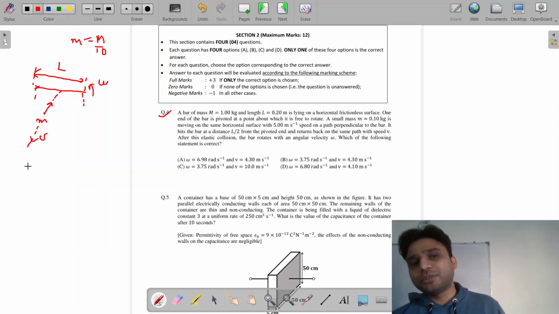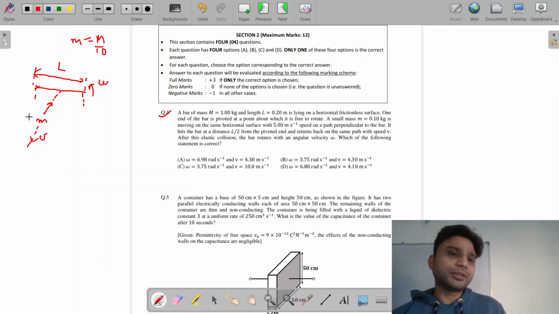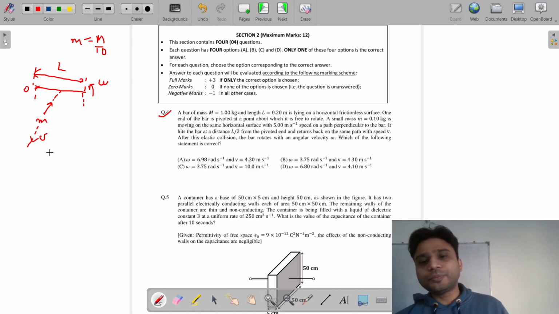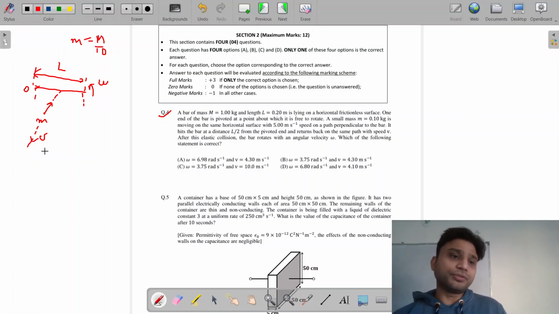That much is clear: the angular momentum of the system, that is the bar and the mass, is conserved about this point O. In addition to that, we also need to think about collisions, so we need to form one equation of coefficient of restitution. That is, the relative velocity of approach of the masses is equal to the relative velocity of separation of the masses.